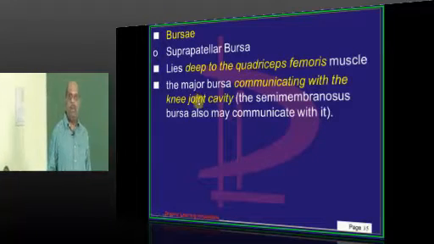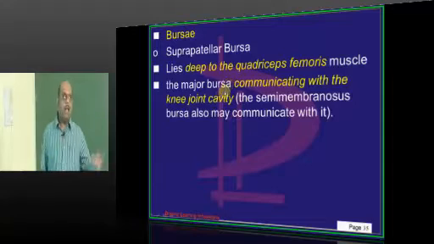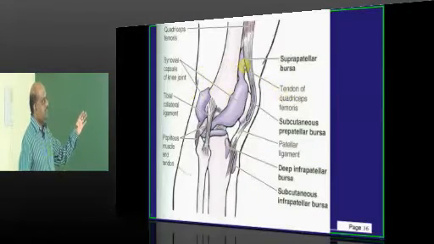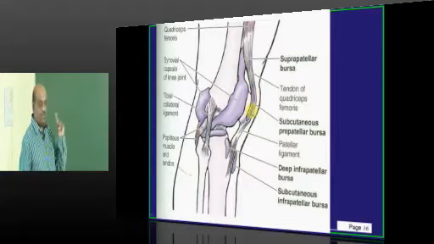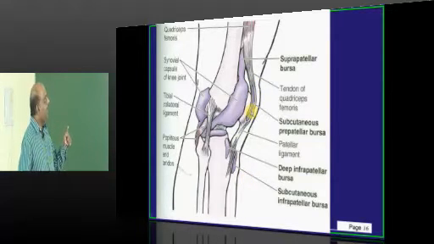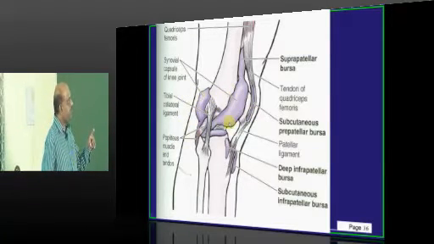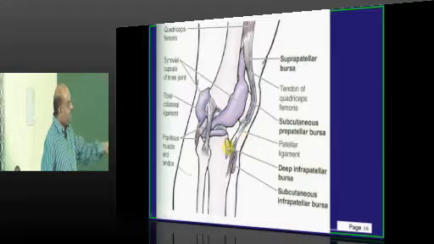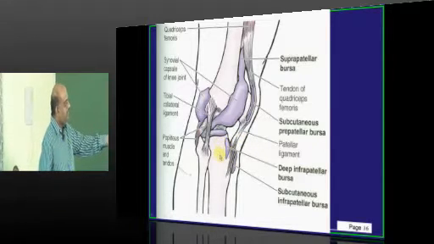Now, a few comments on bursae. Suprapatellar bursa. Then we have the subcutaneous prepatellar bursa, and this is all the synovial capsule of the knee joint. Then we have one deep infrapatellar bursa.